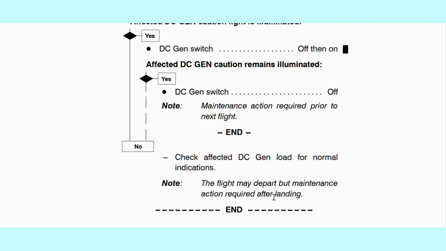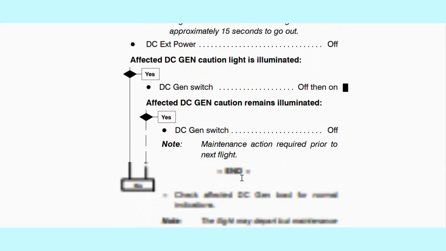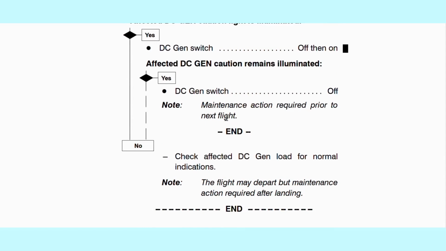You can't just depart to an airport where you may not have maintenance personnel or you don't have a technician on board. You've got to confirm with your operations and the maintenance team that I have faced this problem of no starter cutout, and I don't have any caution lights illuminated right now, especially the DC gen caution light is not illuminated, but nonetheless I have to make sure that this has to be fixed at the destination.